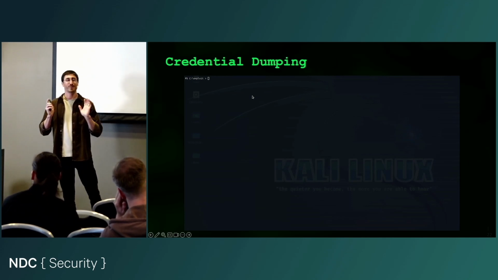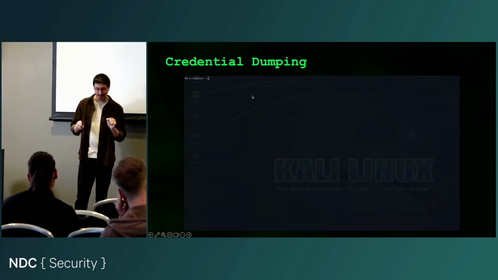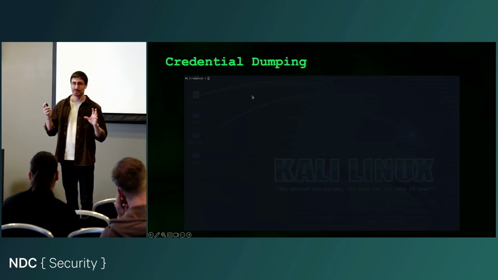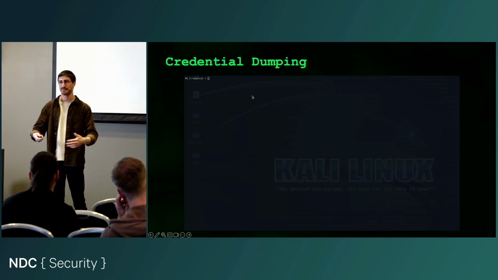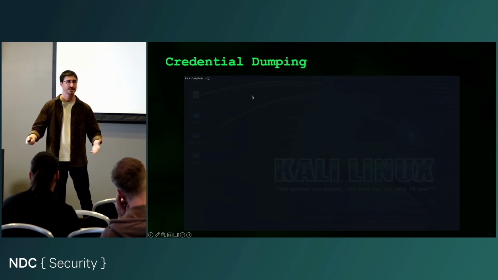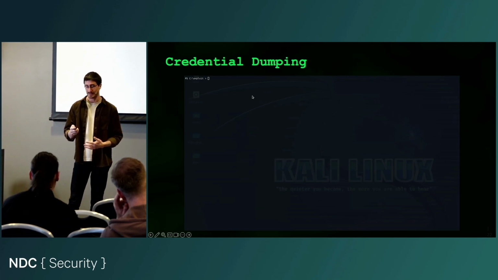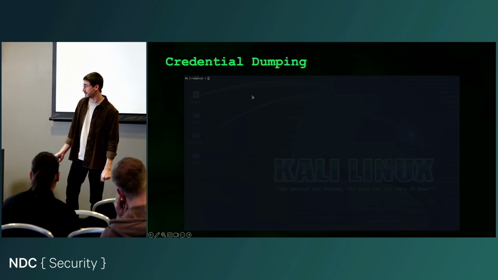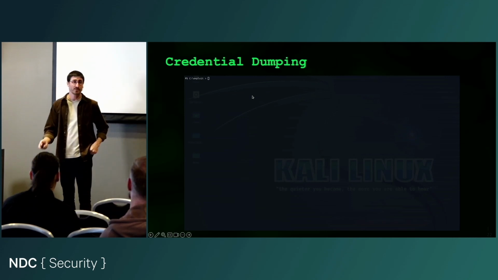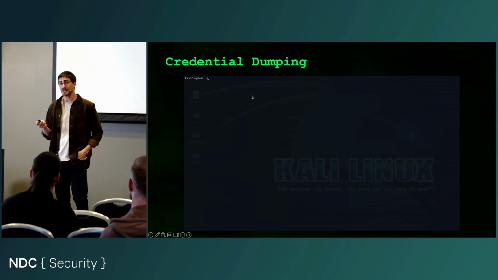But first, what's the purpose of credential dumping? It is to expand the attacker's foothold, right? Because if she has more credentials, she may be able to move more between different parts of the network, and also for treasure hunting.